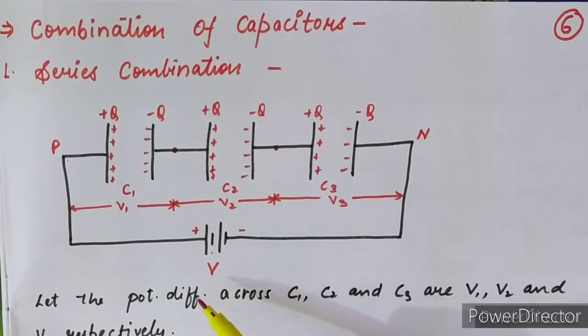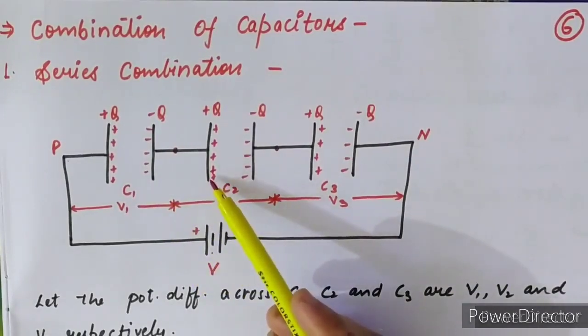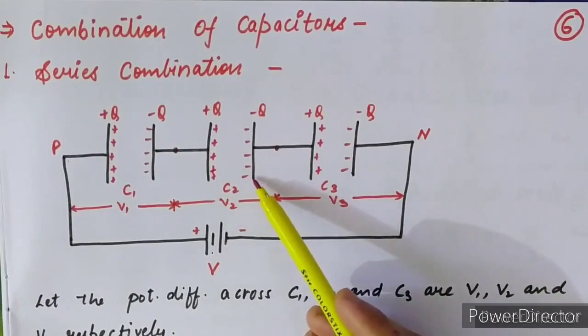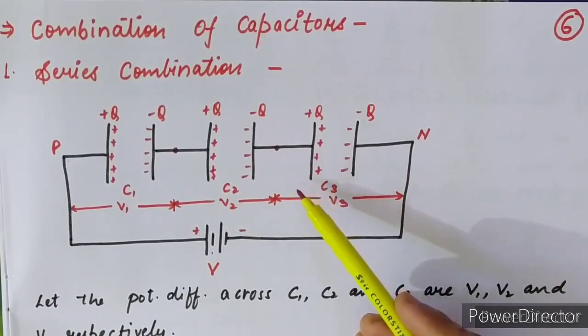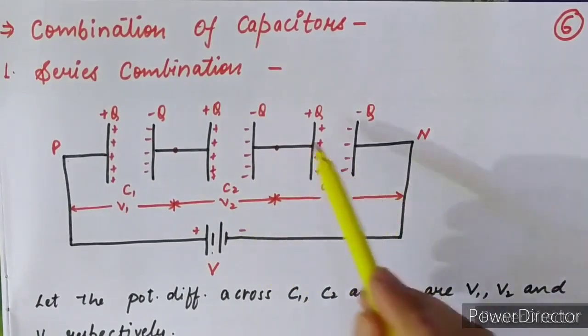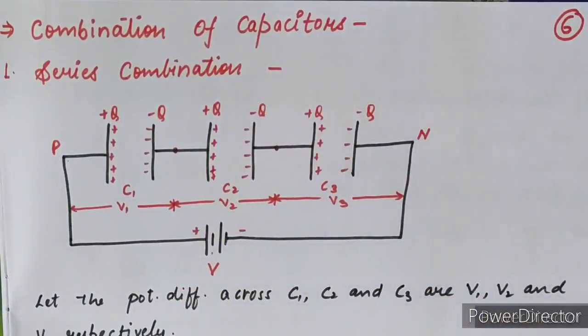The second plate of capacitor C1 is connected to the first plate of capacitor C2, and the second plate of capacitor C2 is connected to the first plate of capacitor C3. This is the entire series combination.